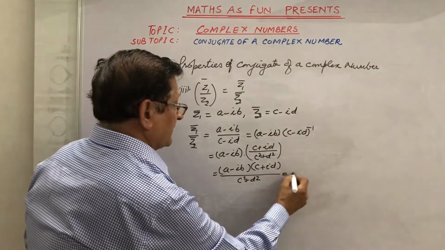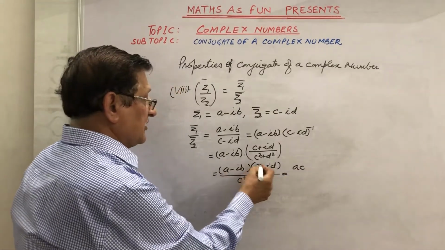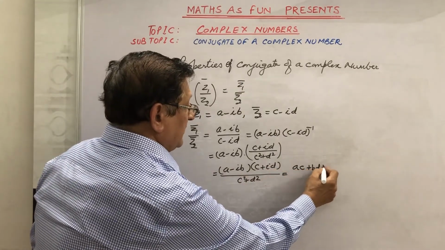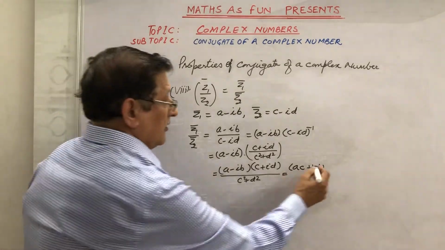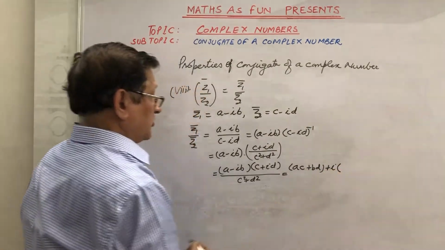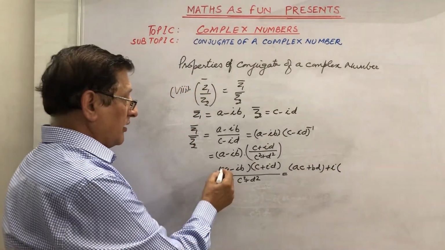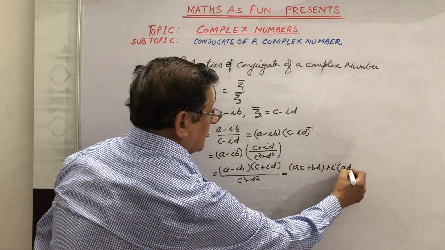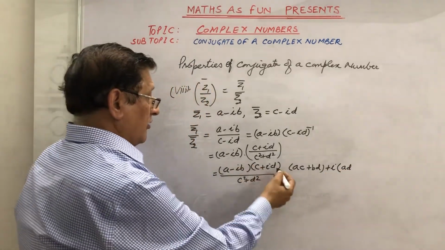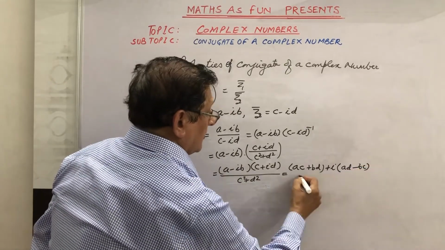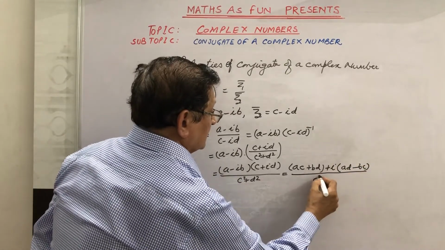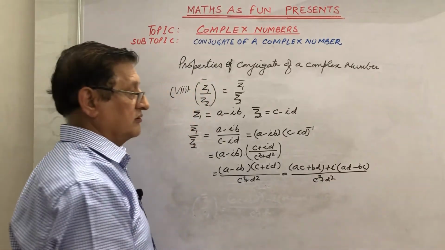If we multiply them, it is ac plus bd, because minus into minus is plus, plus i into (ad minus bc) upon c square plus d square.